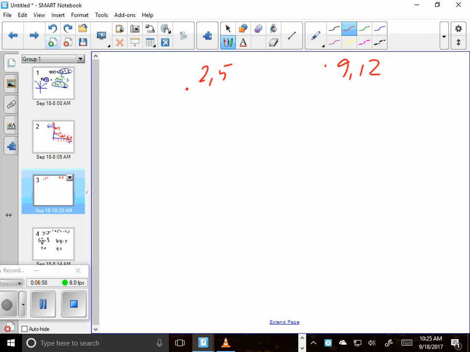Well, I could have said those points differently. Do you get that's exactly the same as saying the point 2 comma 5 and the point 9 comma 12? You got to get used to that. That's part of function notation, is understanding that a point 2 comma 5 can be written as f of 2 is 5.